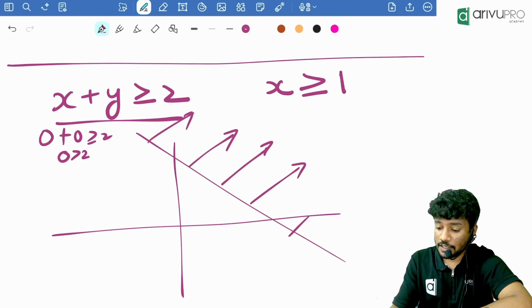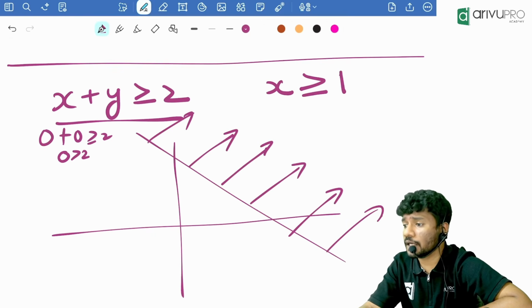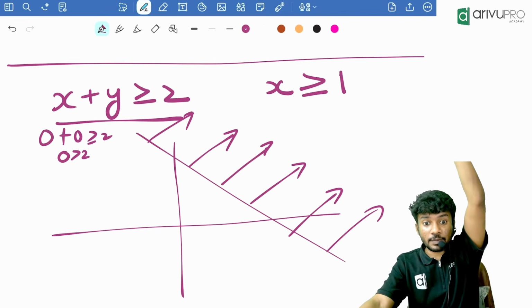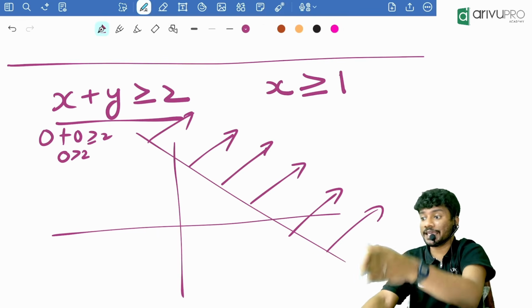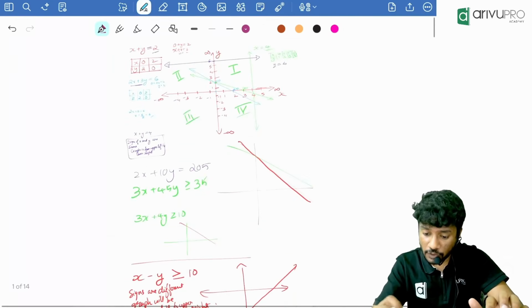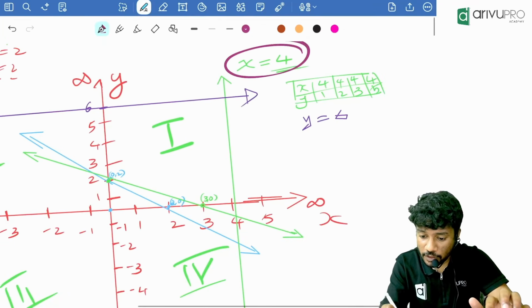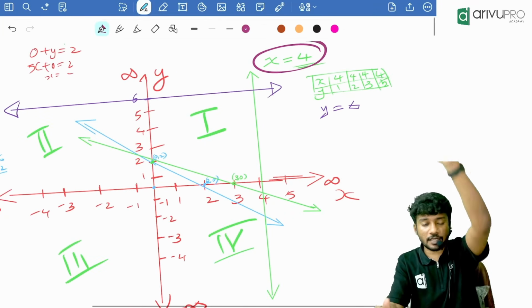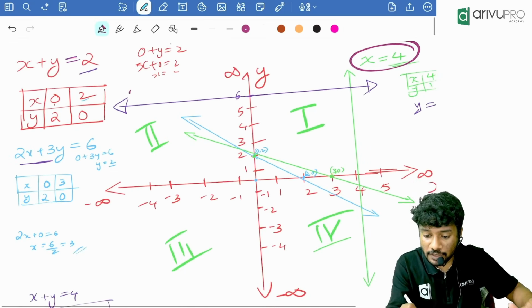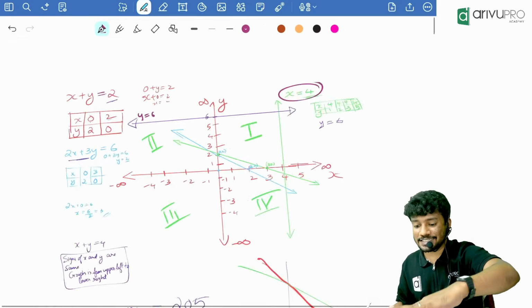Now, how will the graph x is greater than or equal to 1 look like? I already told you, when x is a constant value, it will be parallel to which axis? Y axis. When x is equal to 4, x is parallel to the y-axis. When y is equal to some value, like y is equal to 6, the graph is parallel to the x-axis.